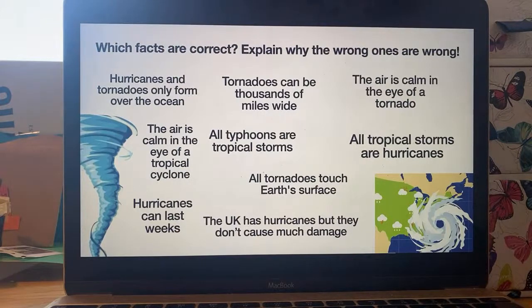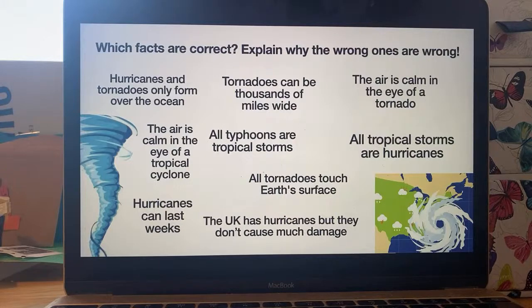All typhoons are tropical storms. All tornadoes touch Earth's surface. The UK has hurricanes, but they don't cause much damage. The air is calm in the eye of a tornado. And all tropical storms are hurricanes. So 4 of those things are true.